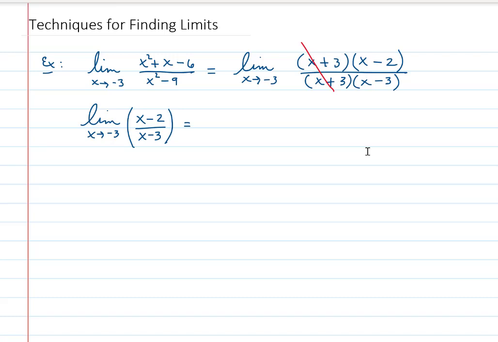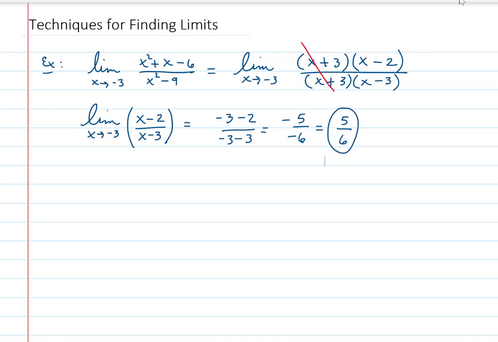And notice how this is the case where we found a function that is identical to the original one except at x equal to -3, but we are now able to direct substitute this -3 in here. So we get -3 minus 2 over -3 minus 3, and we end up with -5 over -6, which is just 5/6.